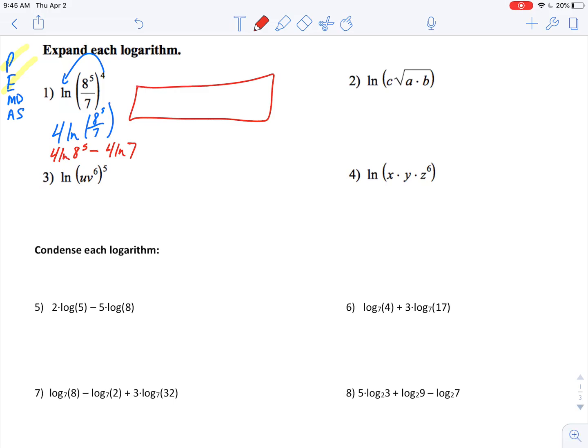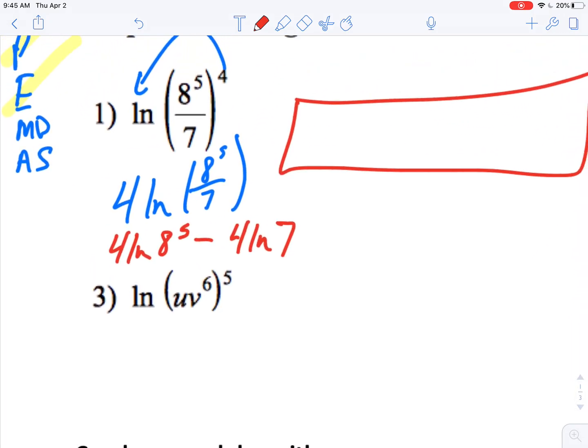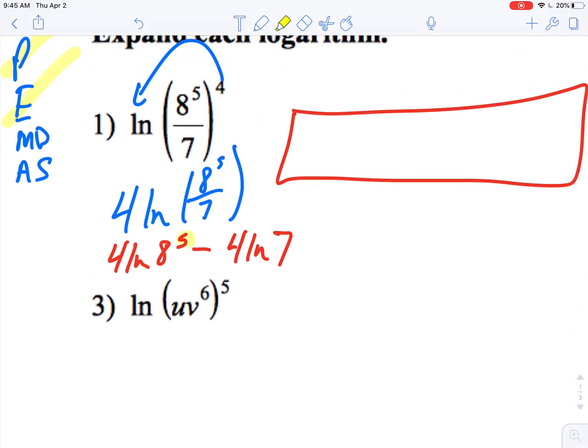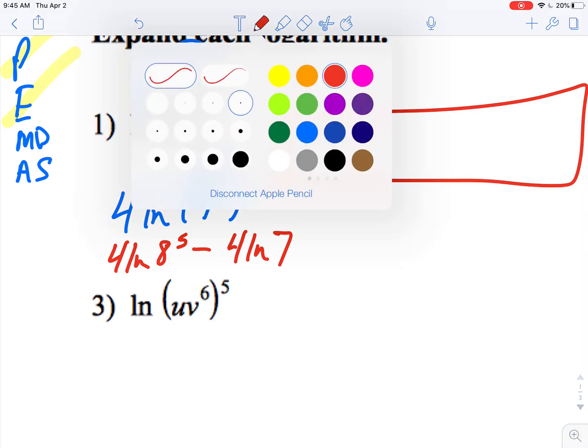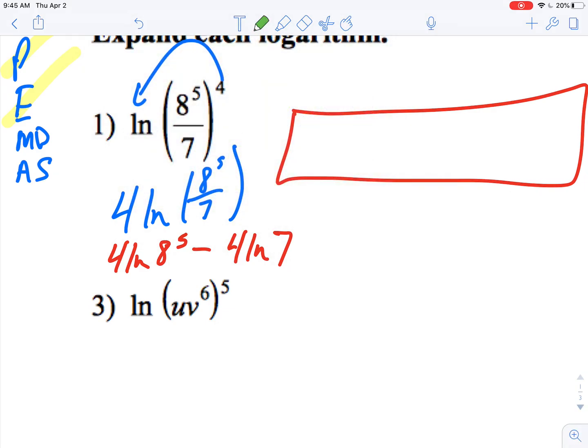And I've got one more step. I could simplify this one a little bit further because I've got this exponent in here. So let's do that. I'll put my answer over here. So when I've got an exponent, like we saw here, I can bring it out front and multiply.